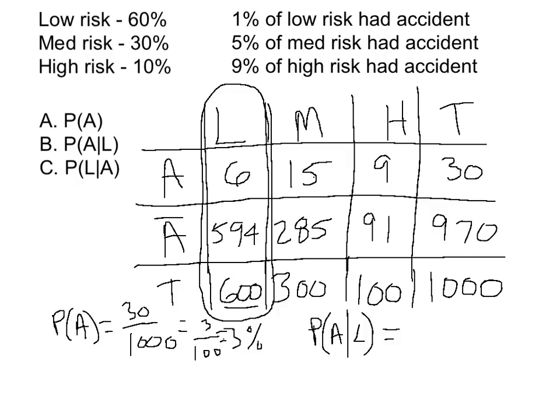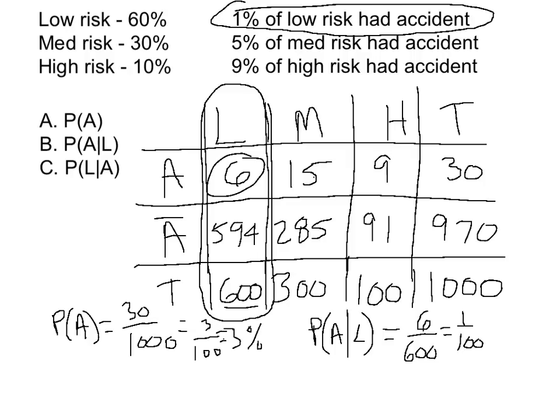And of those 600, 6 had an accident. So this probability is going to be 6 out of 600, or 1 out of 100, or 1%. But we already knew that. We were told that at the beginning of the problem.